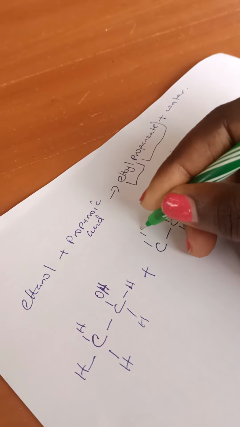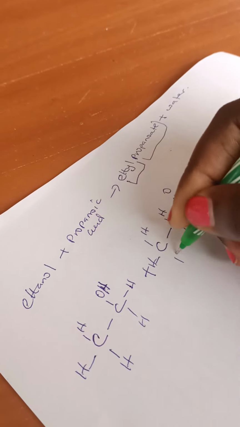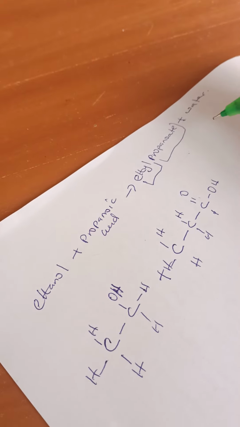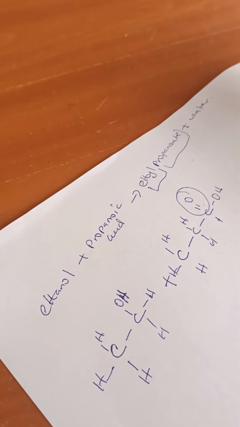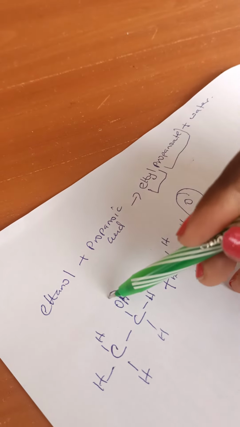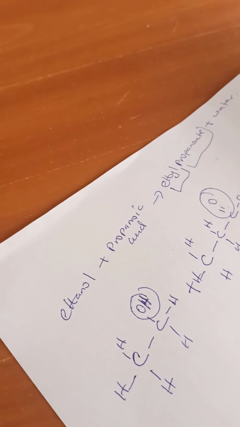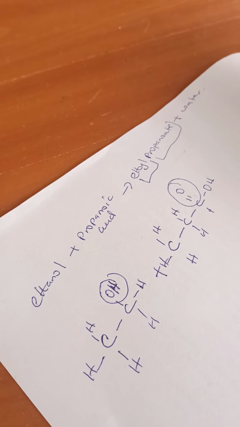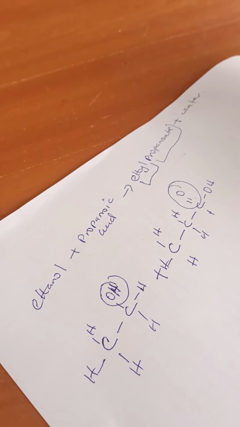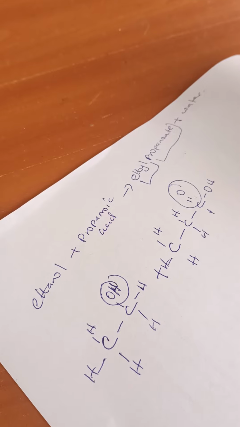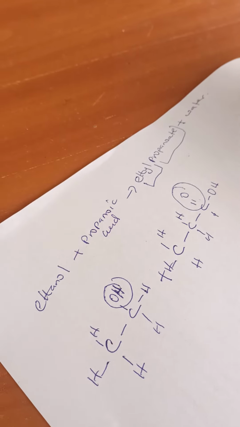Now the functional group is that of alkanoic acid. The functional group of alkanols is OH. So now the OH and the H combine, and that's why we have water.